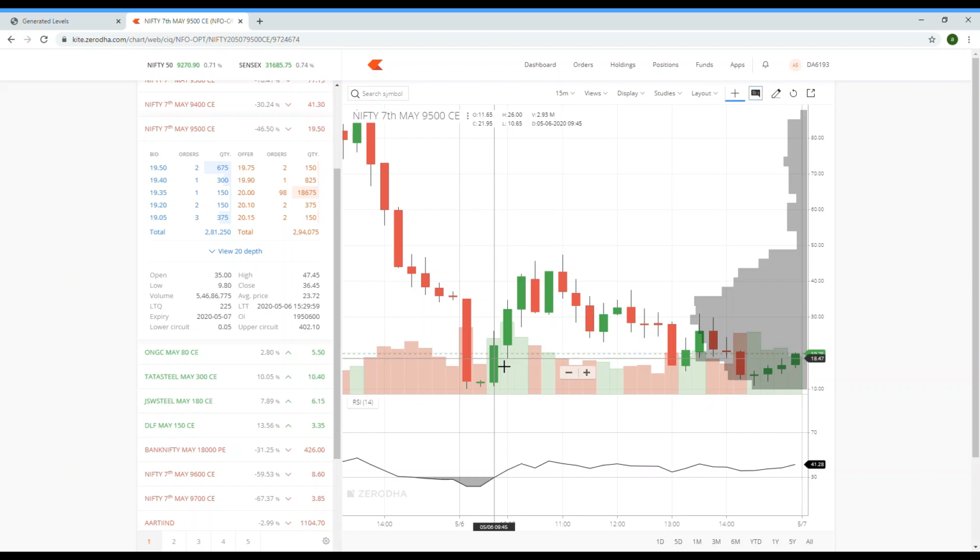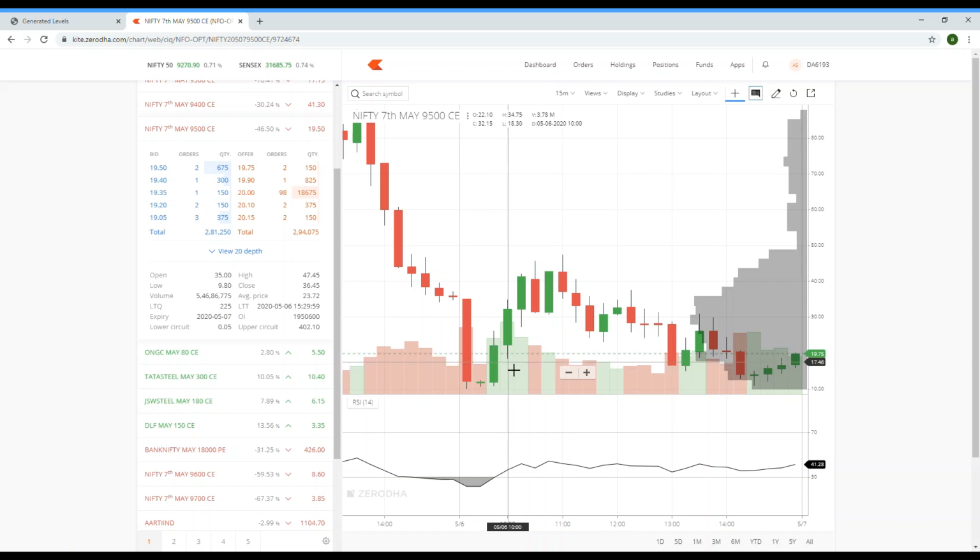If the market continues to witness buying at the 9270 support, the smart money players, those who play with options on a larger scale, will eventually melt down this price and bring it to the midpoint of this candle, guys. This is the first bull candle, so I typically look at the midpoint of this, which is around 15 rupees.